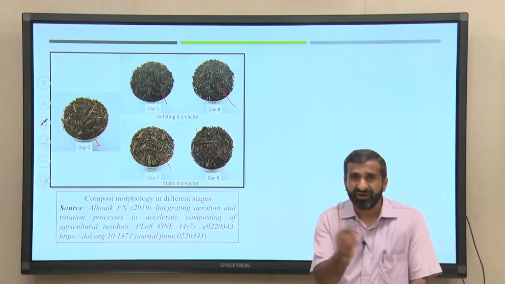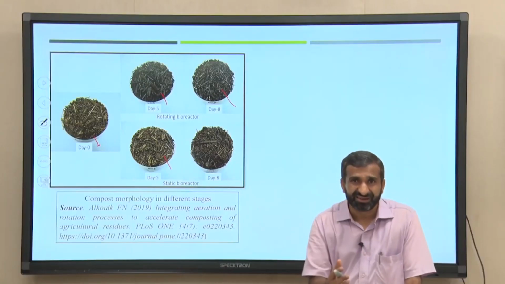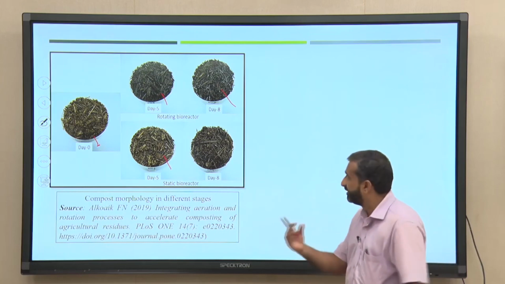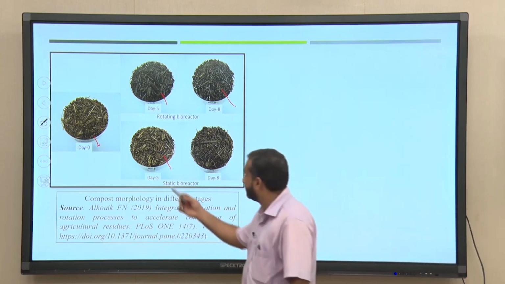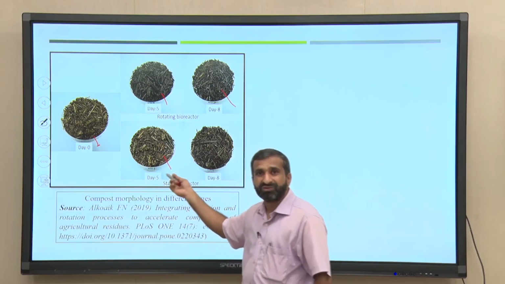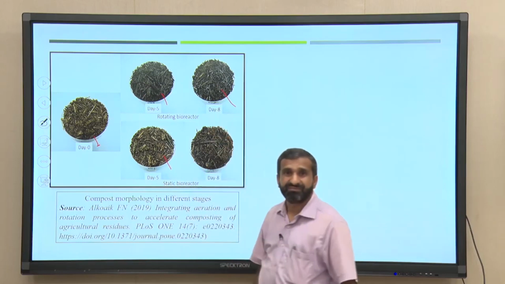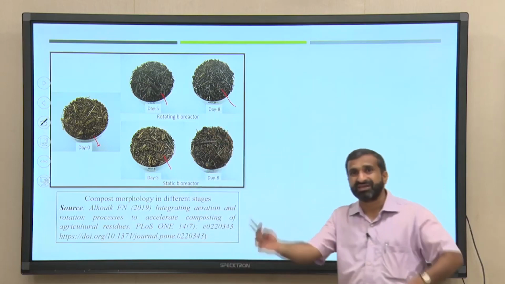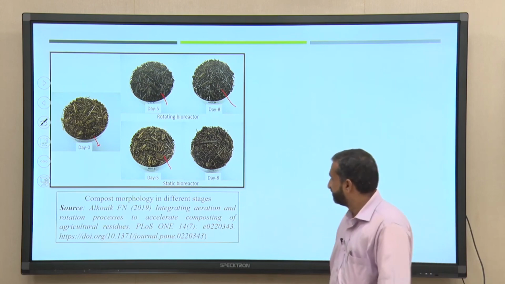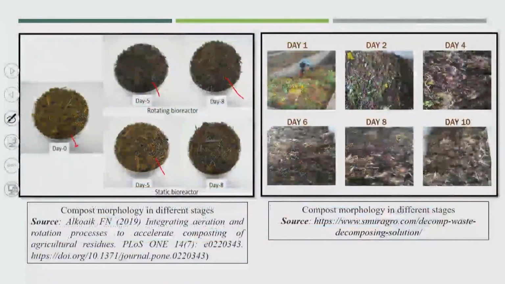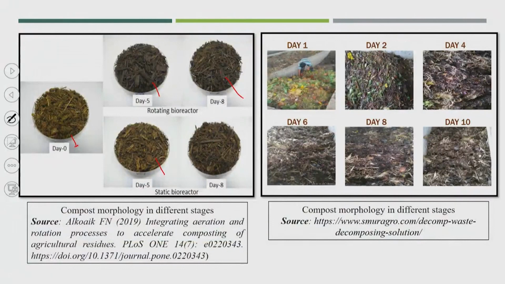Normally the wet waste is green in color, and mostly that green color converts initially into brown and finally into black, which shows the degradation process. Here also you can see the green color, and finally at 10 days it is completely black, which shows the proper degradation process.